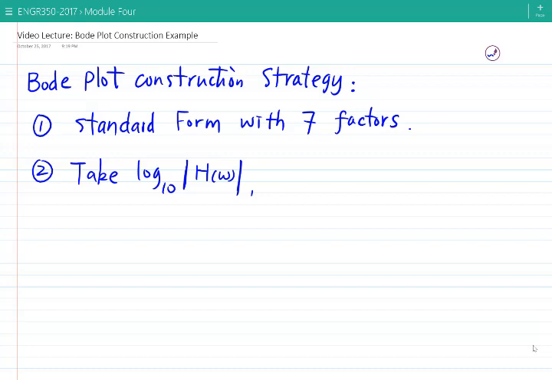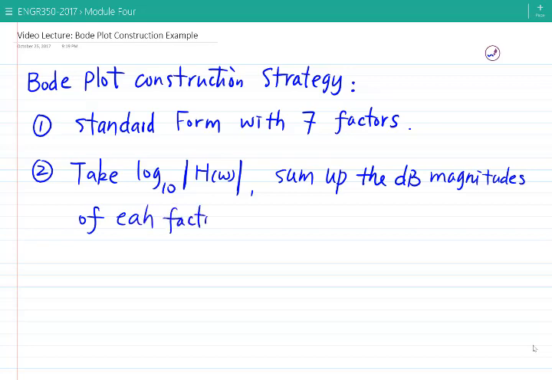So basically, we need to sum up the dB magnitude of each factor. For example, the total dB value is equal to 20 log base 10 of the first factor, plus 20 log base 10 of the second factor, and so on.